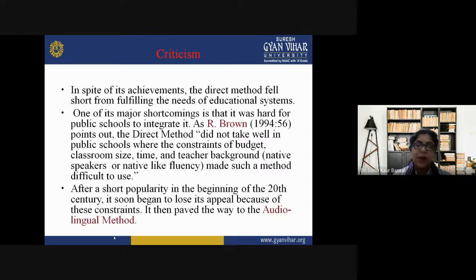So, apart from the criticism, we have seen its benefits. And after studying the benefits, we can only say that the direct method is not a method which we can ignore if we want to enable our students.